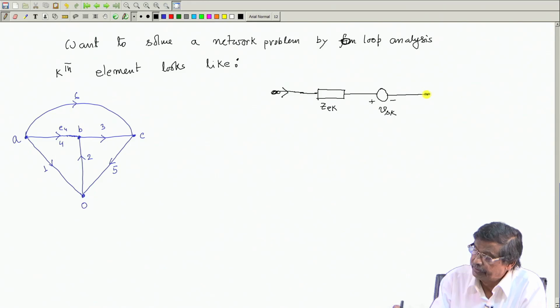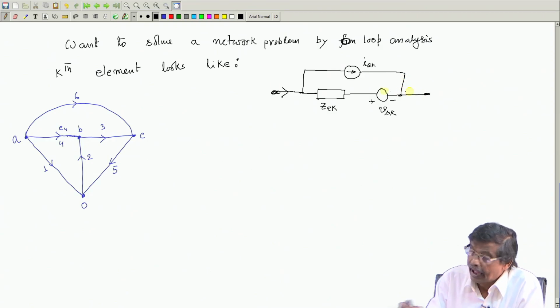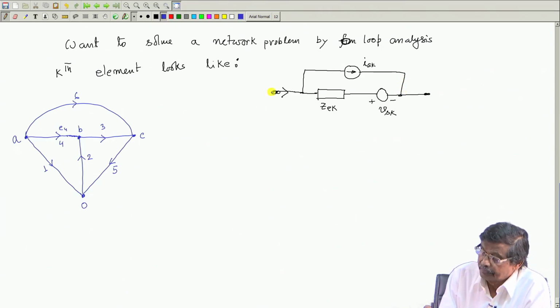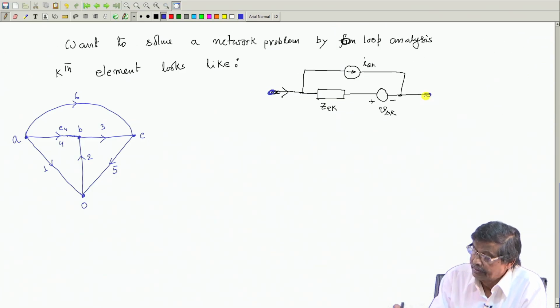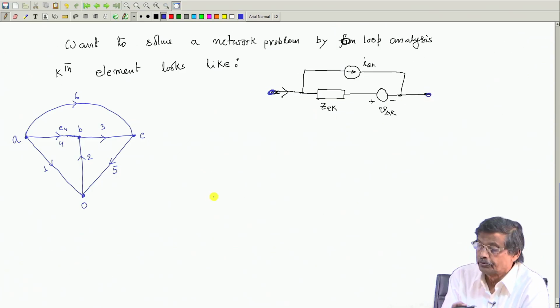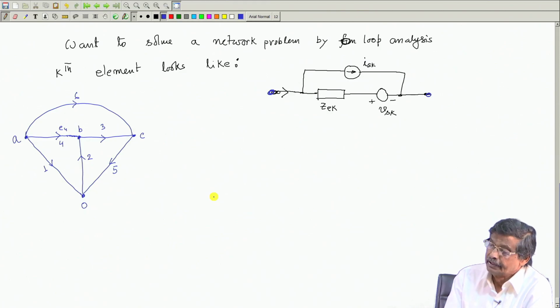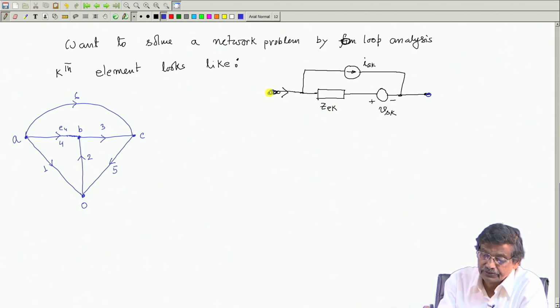These are the two nodes, and here is a current source in parallel, and these two are the nodes, mind you. This is the kth branch, k is equal to 1 to 6; if you put k equal to 1, then this node is A, this node is B, and so on. You have understood me.